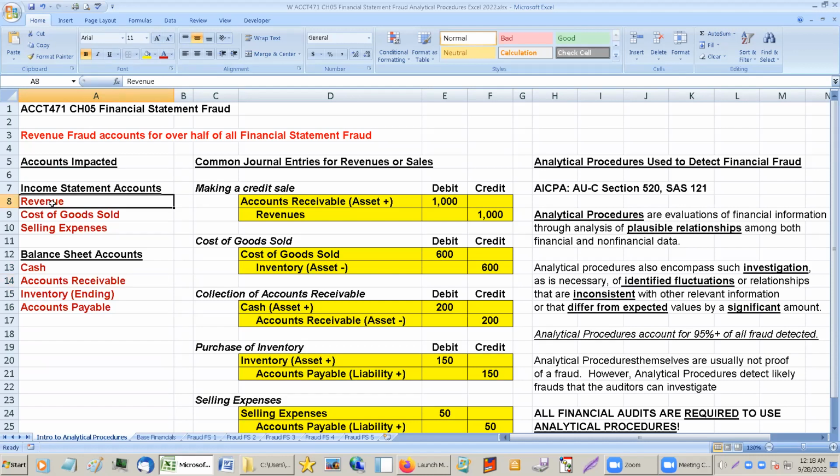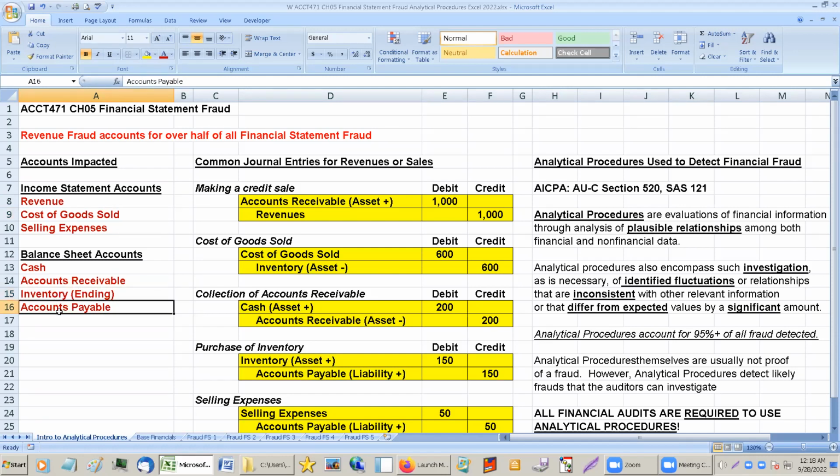So you make a sale, have revenue come in, accounts receivable goes up. When you collect that accounts receivable, it turns into cash. When you sell something, your inventory goes down. It leaves and goes into cost of goods sold, leaving the inventory that's not sold.